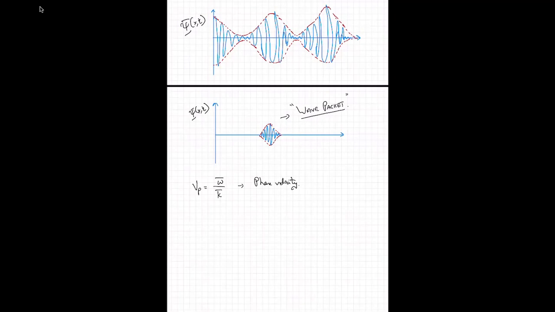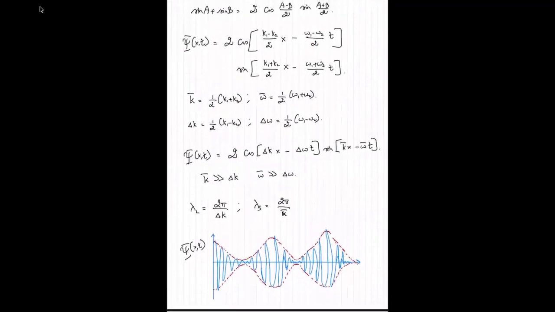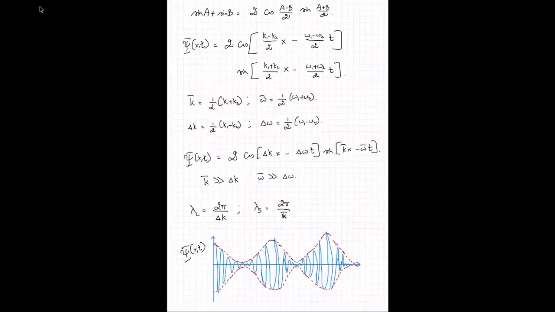And the other wave, with a big wavelength, I will call Vg, with the corresponding angular frequency delta omega over delta k. And this I will call the group velocity. So these are the two velocities of the two different waves that constitute the linear superposition in our simple example.